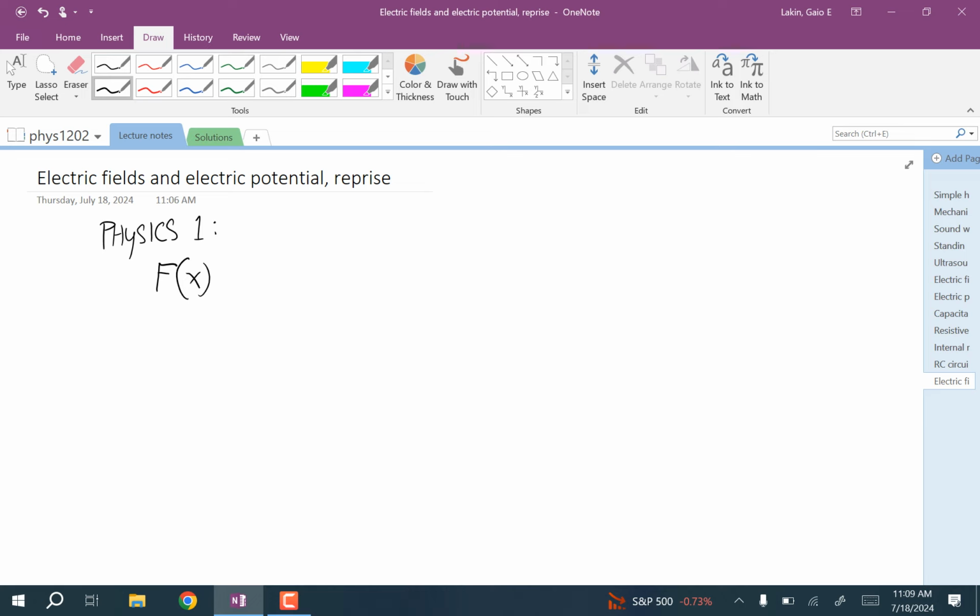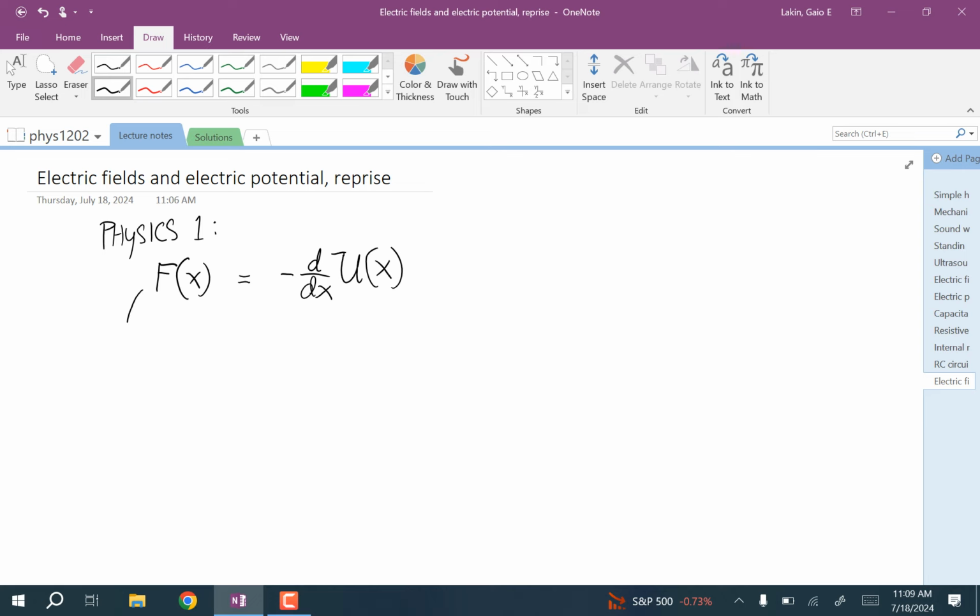We'll see for gravity, I'm going to use Y instead, but this could just be any variable. Just remember that in all of these, we're talking about a positive direction and a negative direction along that line. And the force as a function of X is equal to negative derivative with respect to X of the potential energy. Okay, that's one of those key derivative relationships.